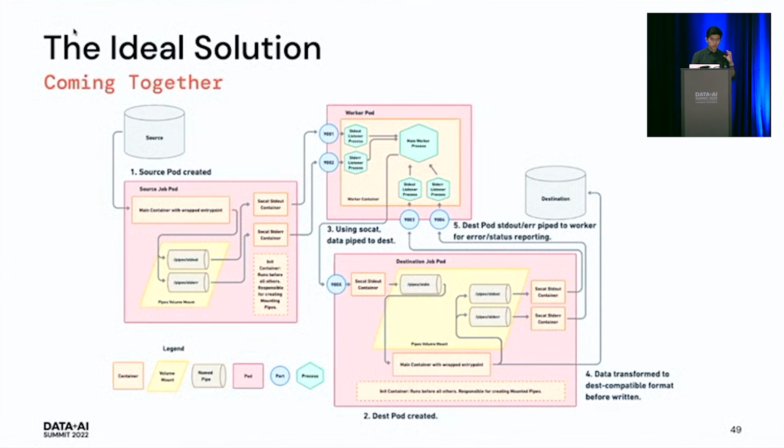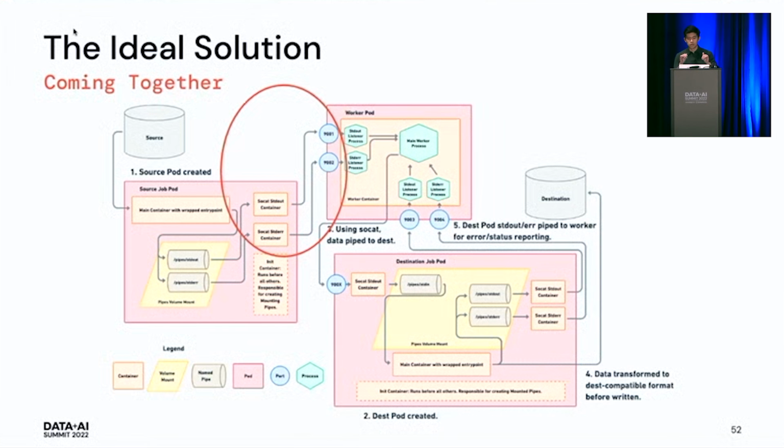And everything we just talked about, all those techniques, comes together to let us think about this as a local process when under the hood it is distributed. So you have your init containers creating the named pipes. You have your main container with the wrapped entry point piping its output into the named pipes. And then you have your sidecars taking all their output from the named pipes and pushing it to remote pods, enabling the processes to talk as though they're on one local instance.